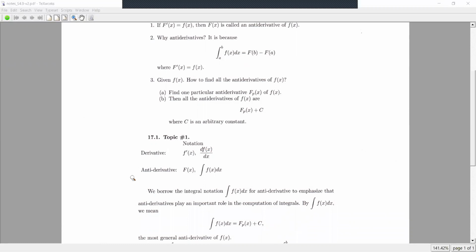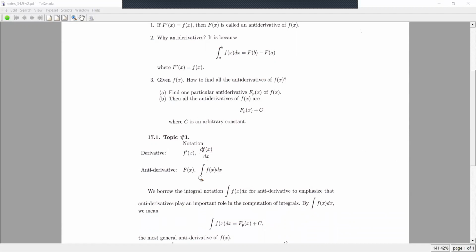For one antiderivative, the notation is either capital F or this integral notation. This notation is very close to the integral notation, but without the point A or the point B.